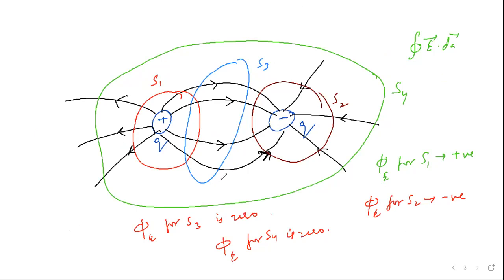Flux for S3 must be zero because it contains no charge inside it. And flux for S4 must be zero because it contains two charges, Q and minus Q, but net charge inside S4 is zero, so flux must be zero, right? So this was an illustration of Gauss's law.